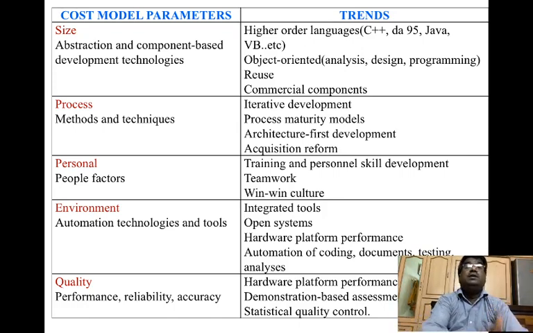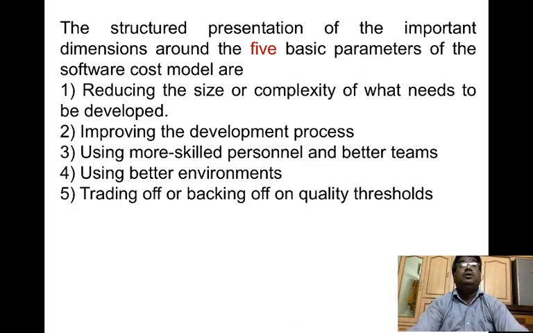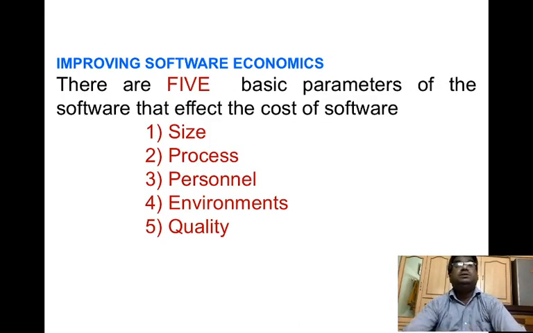So software economics is followed by trends, how to achieve a particular software economics. And the aim of software economics I already told you in the previous slide also. There are 5 basic parameters of the software that affect the cost of the software. Cost of the software depends upon 5 major economics: size, process, personnel, environments and quality.